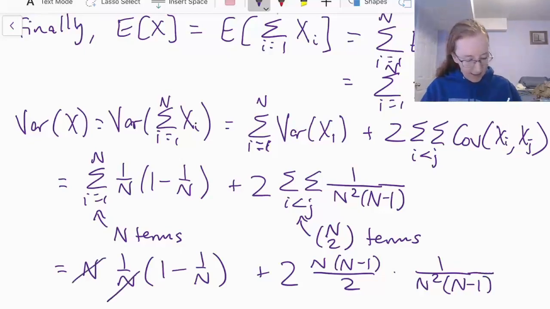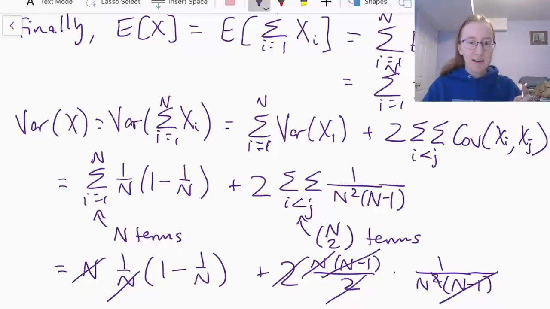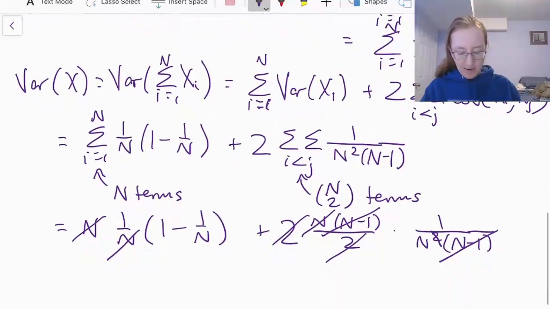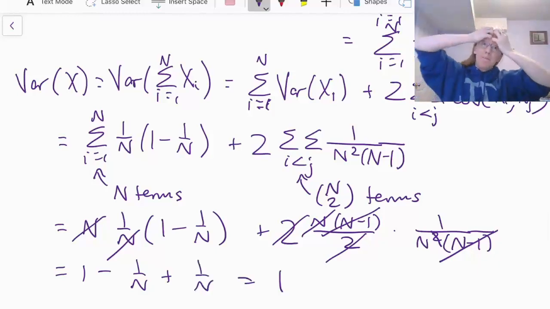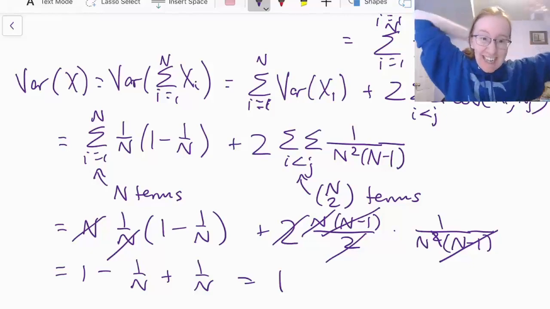That's going to cancel with that, that's going to cancel with that, that's going to cancel with that, that's going to cancel with that. So we get 1 minus 1 over n plus 1 over n, which is 1. Oh my gosh, that's so crazy.